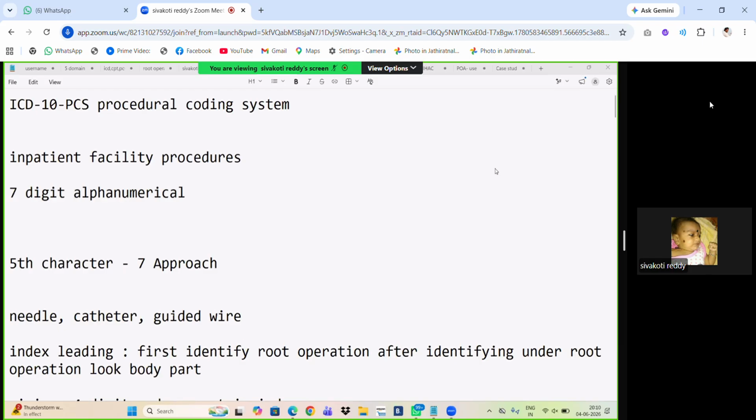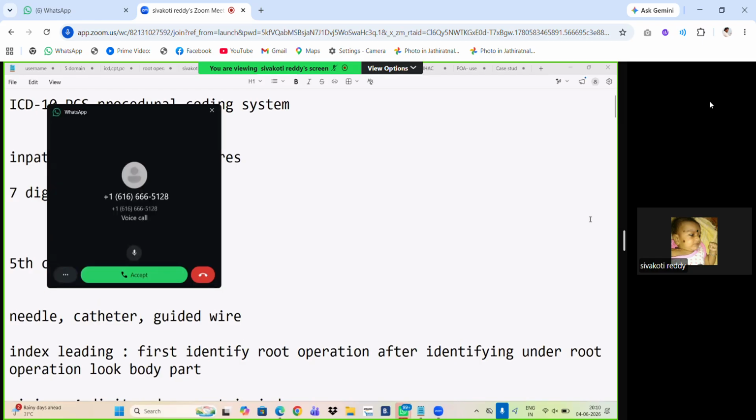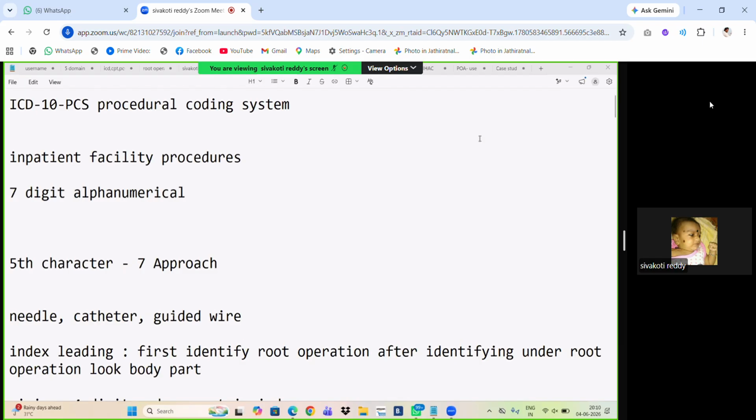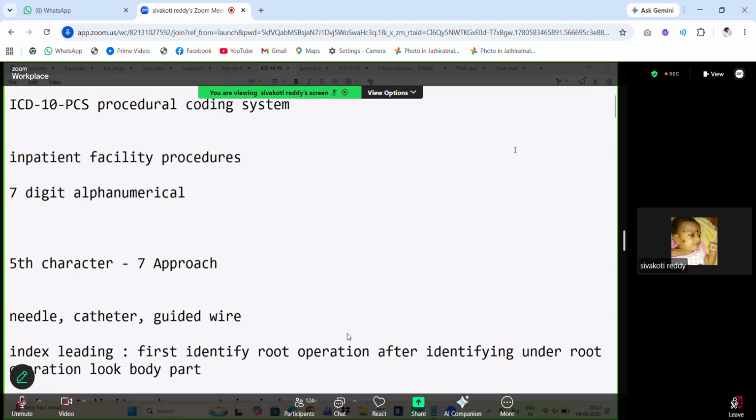So for the diagnosis, ICD-10 CM codes are the same in any facility, either inpatient or outpatient. At whatever facility they found the diagnosis, you will get ICD-10 CM codes for diagnosis of disease. For the procedures, based on the facility setting, we need to check whether they were performed in inpatient or outpatient.